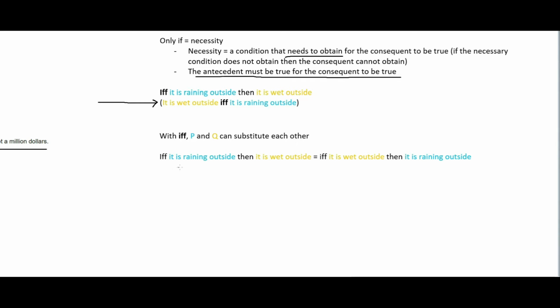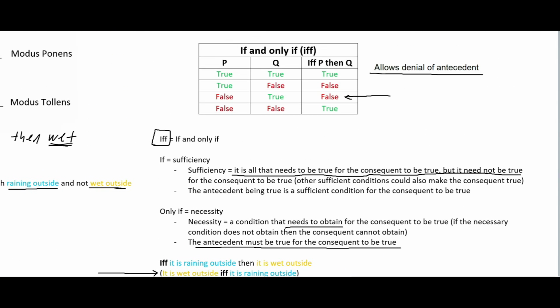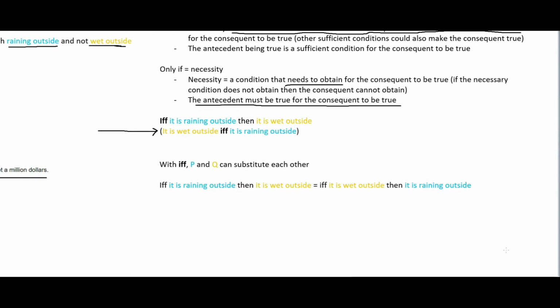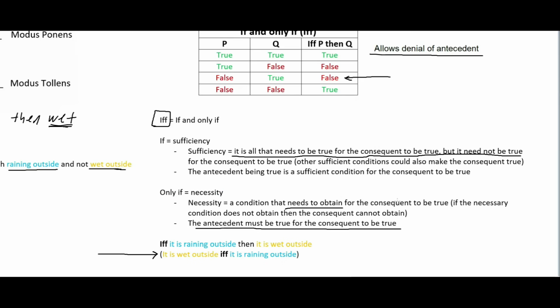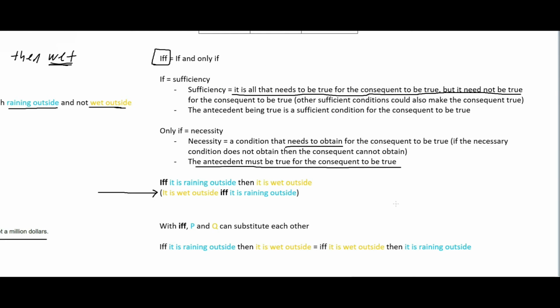If and only if it is raining outside, then it is wet outside is equivalent to if and only if it is wet outside, then it is raining outside, because we have said that denying the antecedent is allowed, and so if we just turn the antecedent into the consequent, then it is logically equivalent. And so that is what if and only if is.